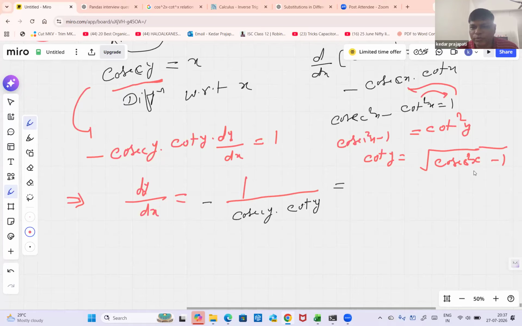But it's y, not x. So cosecant y is x, and we are replacing: in place of cosecant y will come x, and in place of cot y will come root over x square minus 1. Correct?